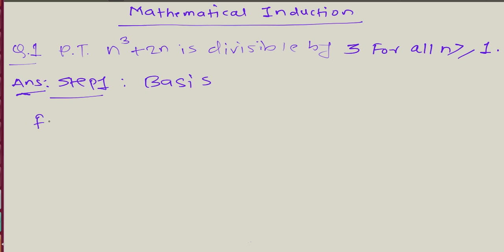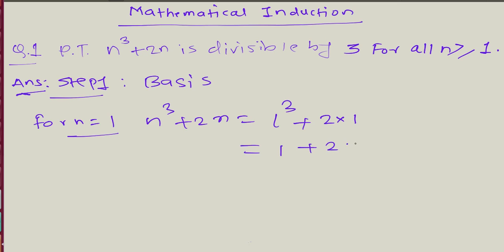For n equal to 1, n cube plus 2n is equal to 1 cube plus 2 into 1. So 1 plus 2 is equal to 3. This 3 is divisible by 3. Therefore the theorem is true for n equal to 1. Let's see the second step.